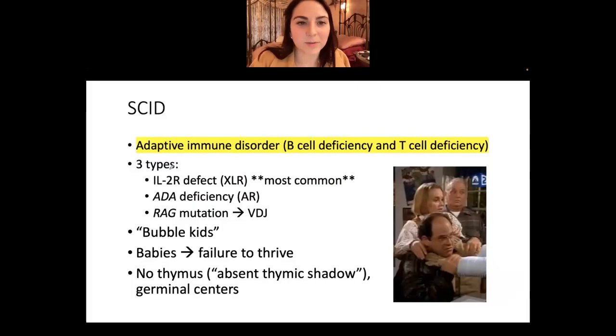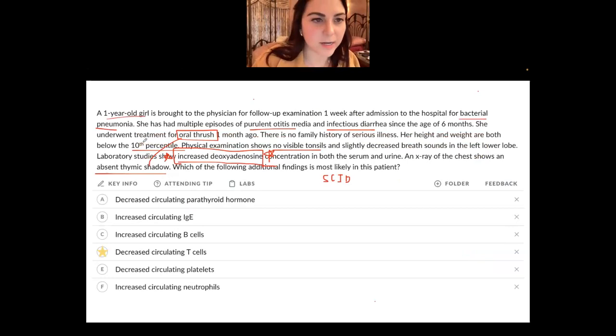Here's the slide from when we did immunodeficiencies. Remember the bubble, these are your bubble kids, and ADA deficiency. It's not as common, but it can also lead to SCID. And remember failure to thrive. Look for things that say they're really small, like below 10th percentile in terms of height and weight.